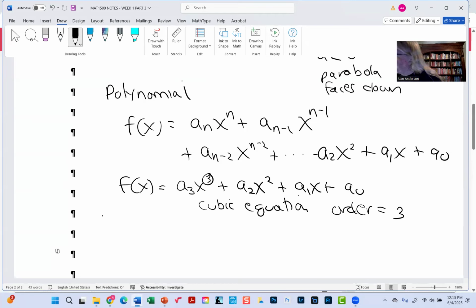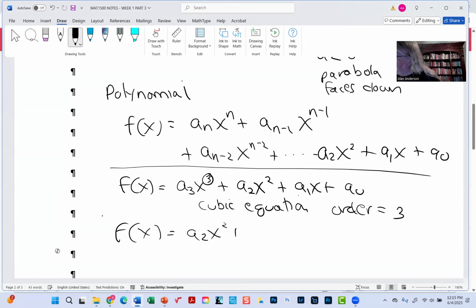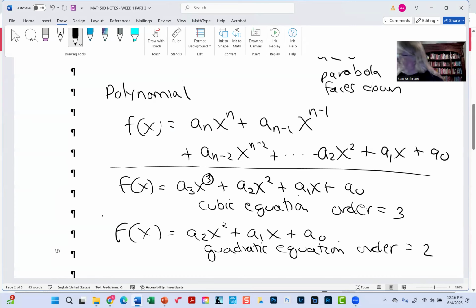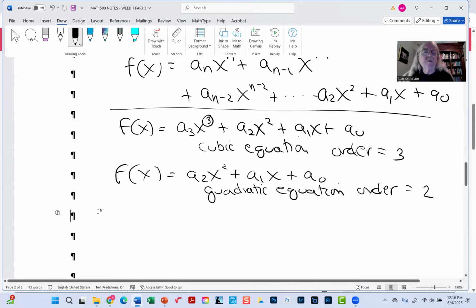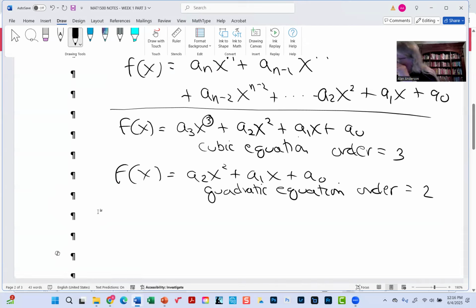That's one of the ones we're very familiar with. You could also have, for example, a quadratic equation. And then, of course, we're very familiar with the linear equation. These, again, are all types of polynomials.